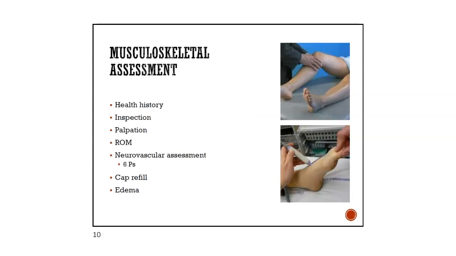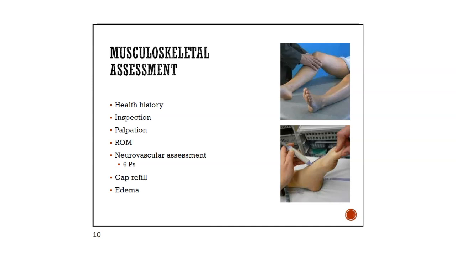Musculoskeletal assessment. If you have patients with musculoskeletal issues, it is very important to do a thorough assessment. Your assessment will include obtaining their health history: when did they start having that issue, what makes it worse, what makes it better, what interventions were already implemented, and did they work.